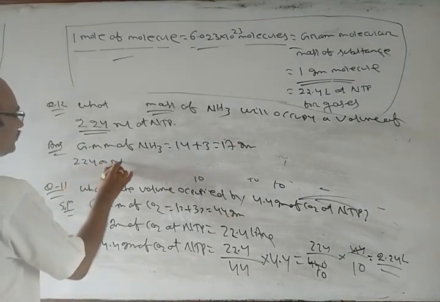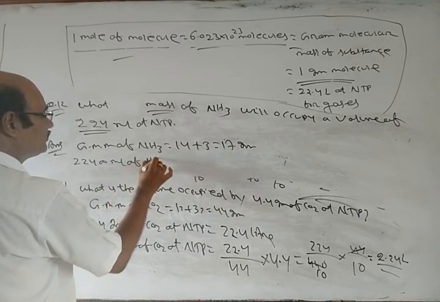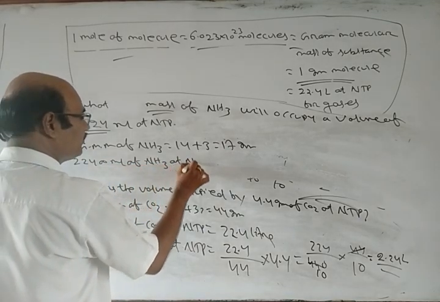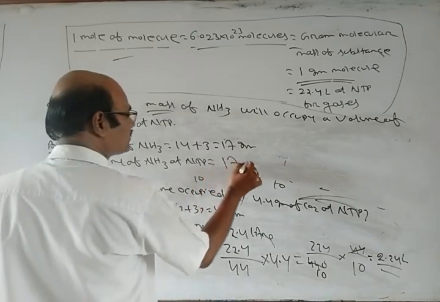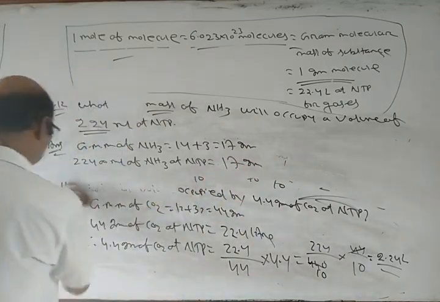Now 22,400 milliliter of ammonia at NTP equals 17 gram. Right.